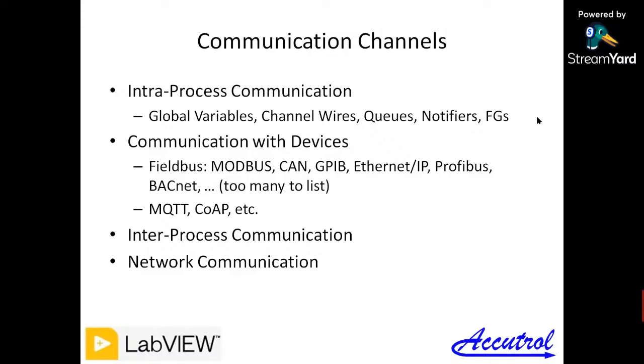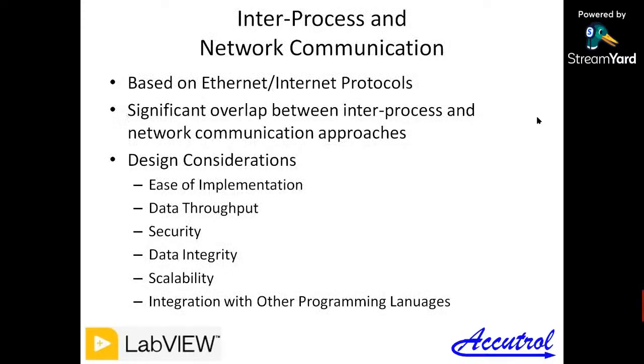Inter-process and network communication is what we're really going to focus on today, so I didn't list them here. They're typically based on Ethernet and Internet protocols. We don't typically use serial buses for this, or smoke signals, or even Morse code.